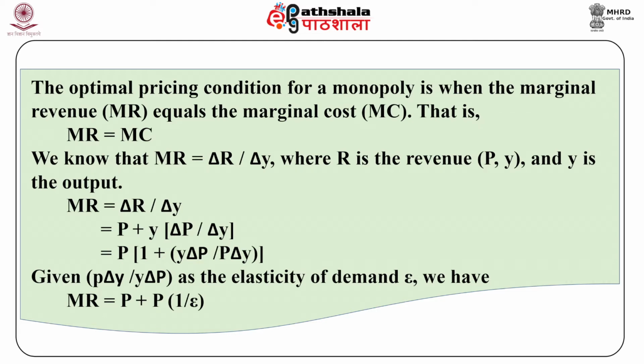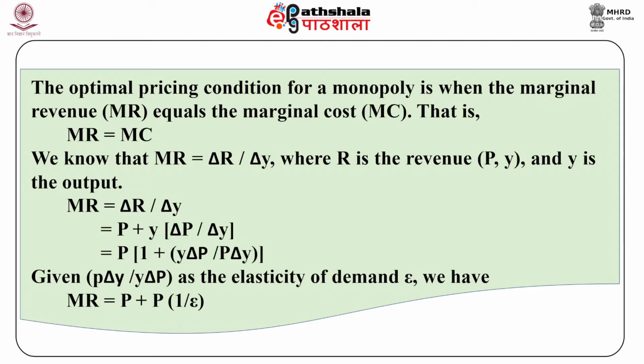Now, we know that MR is equal to change in revenue upon change in output, that is delta R upon delta Y, where R is the revenue, P into Y, and Y is the output.